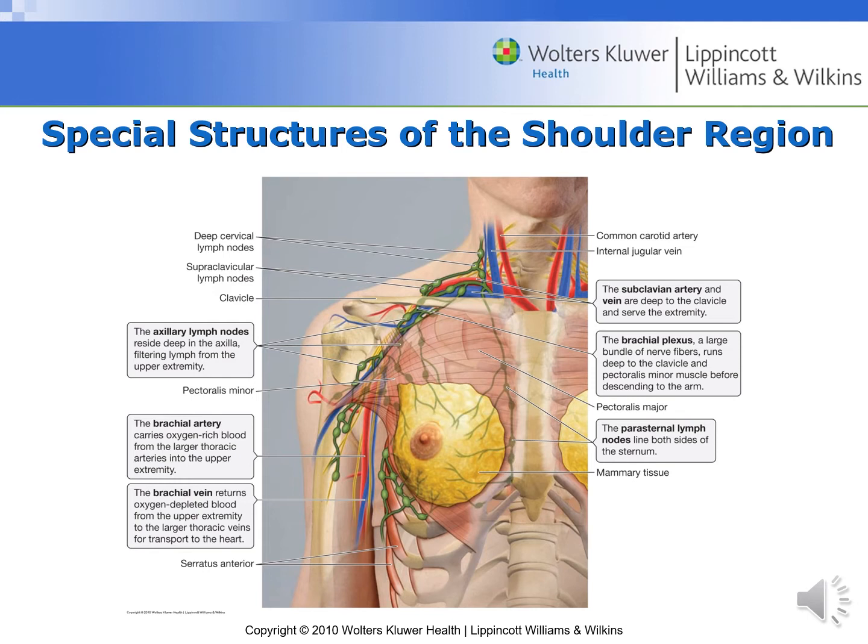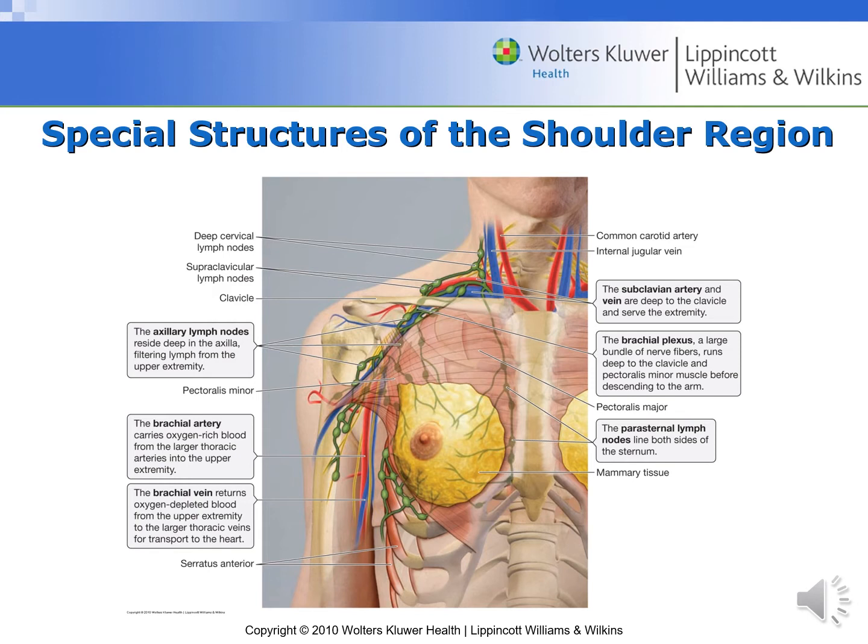We also see the brachial artery, which carries oxygen-rich blood from the larger thoracic arteries into the upper extremity. The brachial vein returns oxygen-depleted blood from the upper extremity to the larger thoracic veins for transport to the heart.